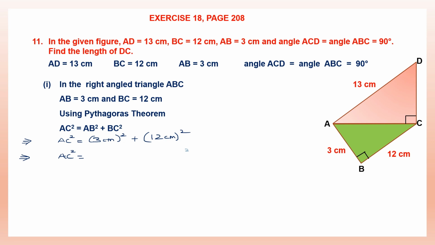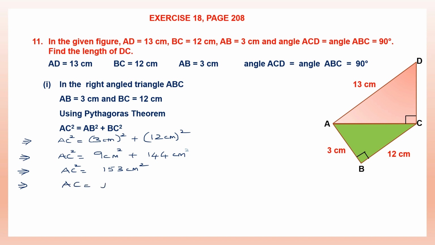So 3 square means 3 into 3, that is 9 centimeters square, plus 12 into 12 is 144 centimeters square. So now we can find the value of AC square when we add up these two. 144 plus 9 is 153 centimeters square.